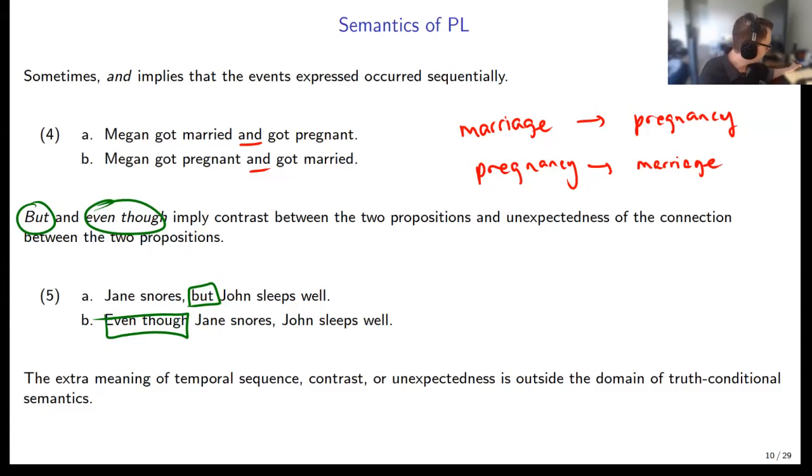The sentence is only going to be true if this fact is true and this fact is true. We can still say the sentence is false if one of those facts is not true. So all these little extra meanings that we get from words like but, although, even though, however, we don't have to worry about these.